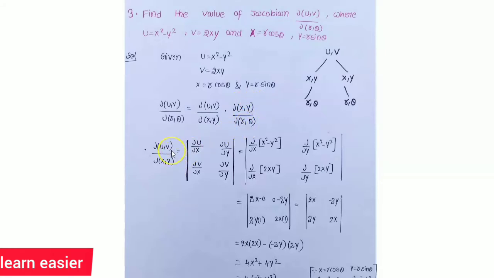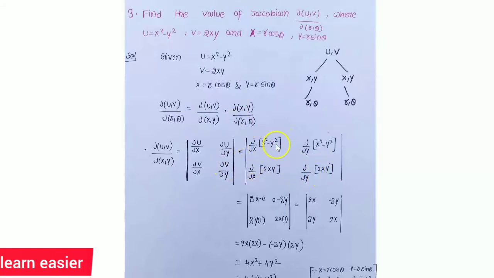So what we have to find now is ∂(u,v)/∂(x,y), which is the determinant of ∂u/∂x, ∂u/∂y, and ∂v/∂x, and ∂v/∂y. So u is what? x square minus y square, and here also u, x square minus y square, and v is 2xy, and here also v, 2xy.